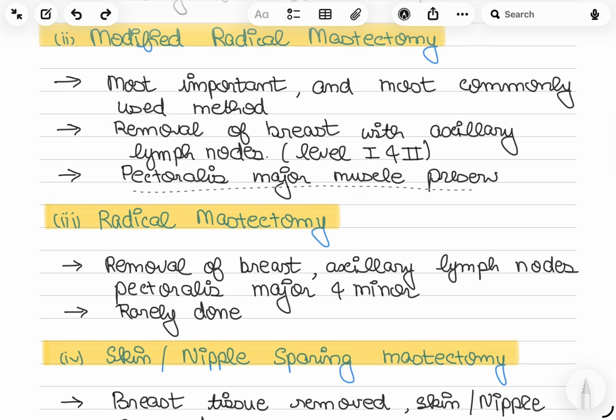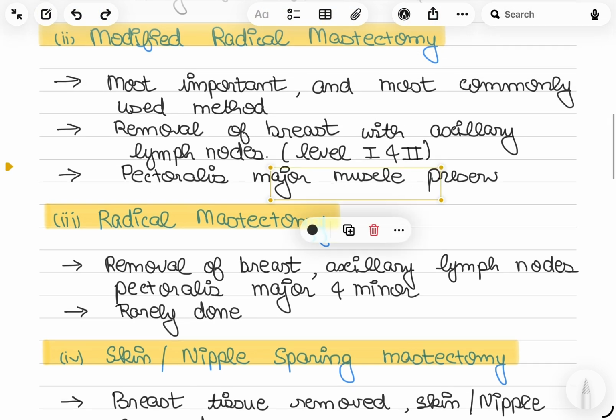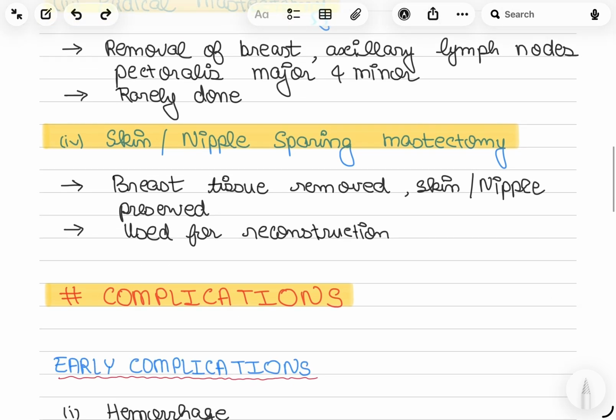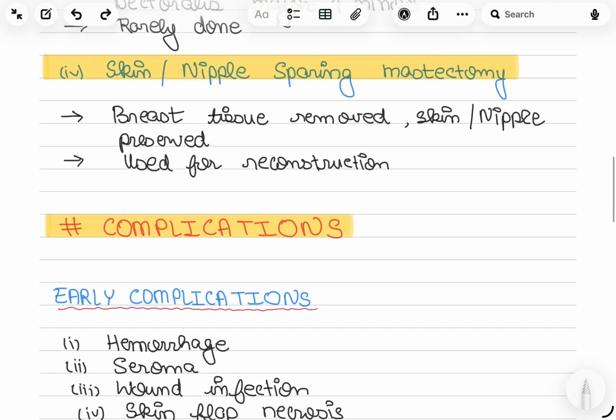Pectoralis major and minor muscle were preserved in modified radical mastectomy. In radical mastectomy, everything is removed, even the breast, the axillary lymph nodes, and pectoralis major and minor muscle. So this is rarely practiced. And the fourth one is where breast tissue is removed, skin and nipple are preserved, usually for reconstruction of the breast, right?